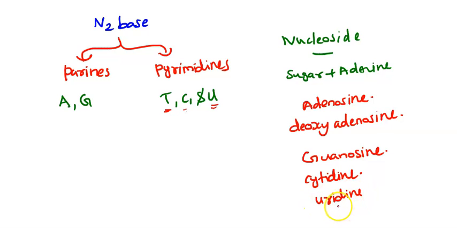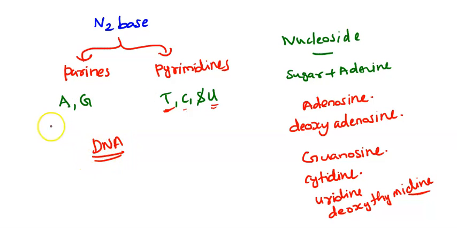Uridine won't be present in DNA, but in DNA we can only see thymine. So we will call it deoxythymidine. Here you need to understand one point. If you are taking DNA, we can see 4 nitrogen bases.